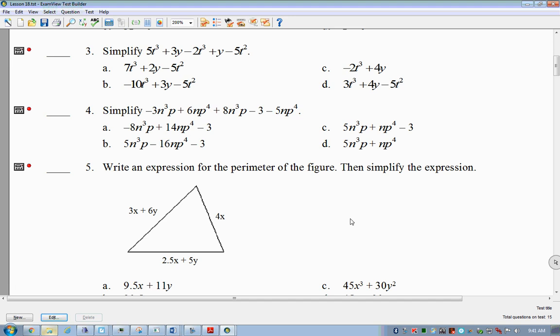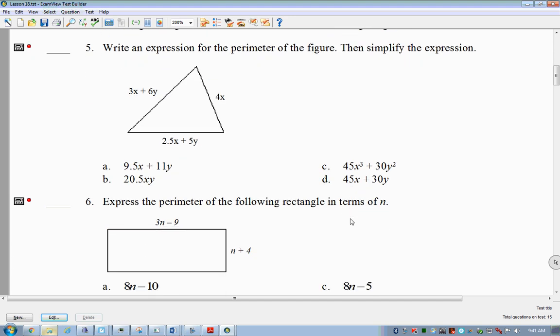Okay, let's come down to something that's going to look a little bit different in the question for number 5. Write an expression for the perimeter of the figure, then simplify that expression. Perimeter is what? All sides added together. So if we're going to write an expression, we'd start off with 3x plus 6y, what? Plus 4x plus 5y.